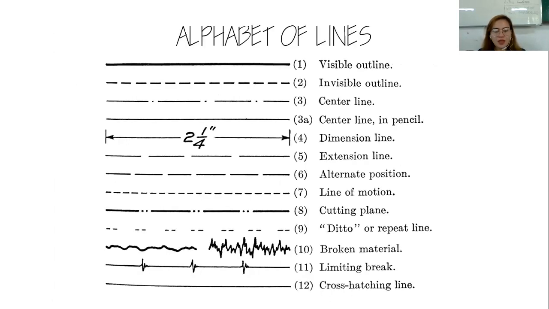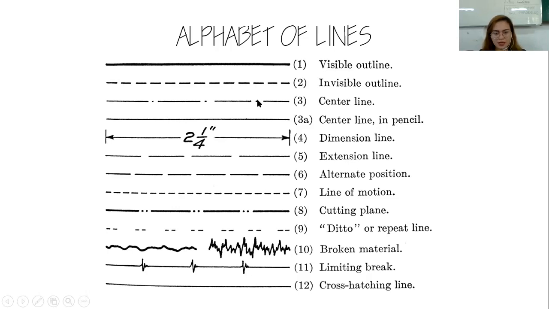Okay? So I think I already discussed this as well. Visible, solid line, that is dash line and visible. So this is more on the building lines in our roof plans.